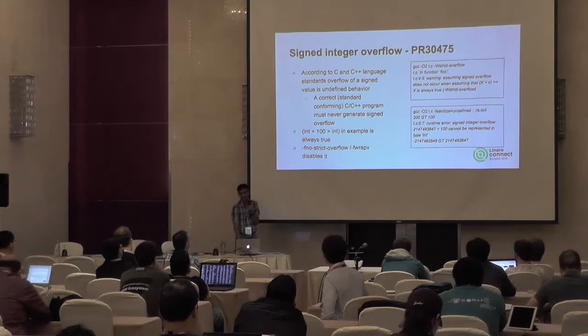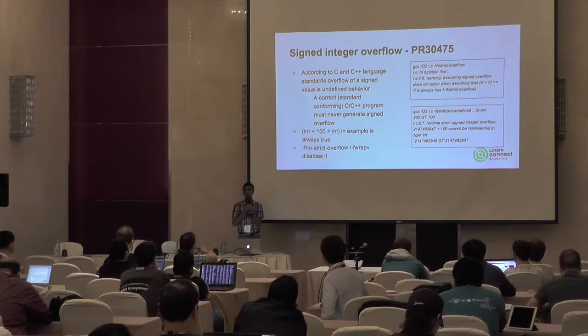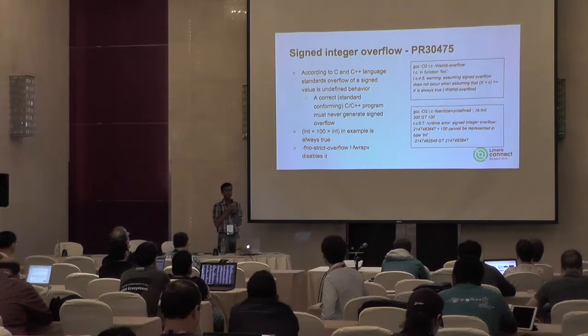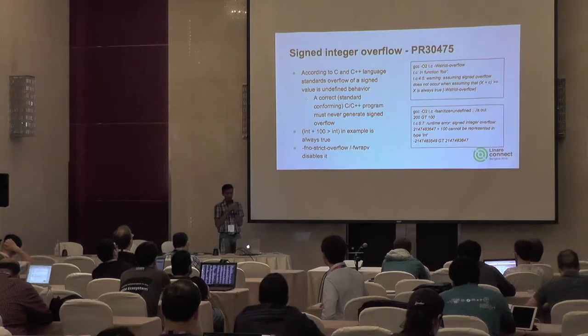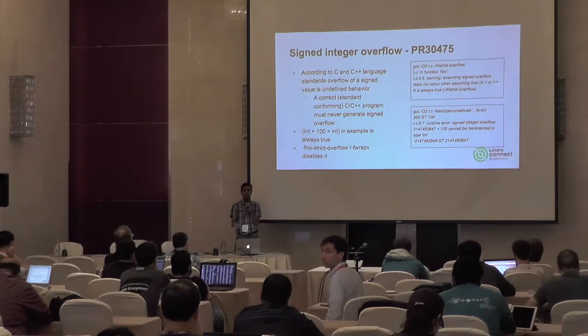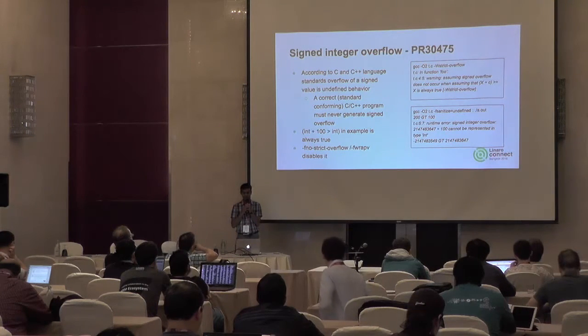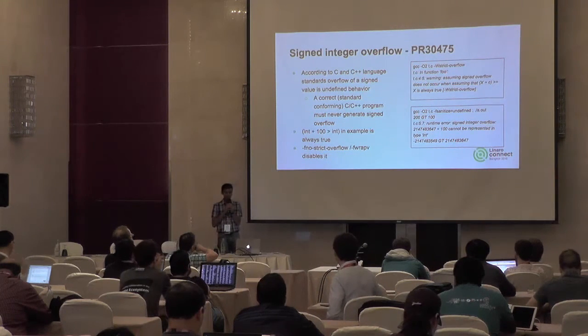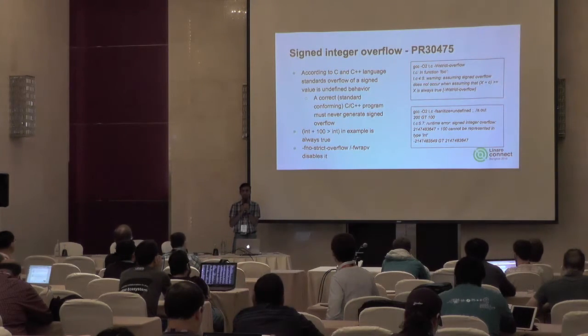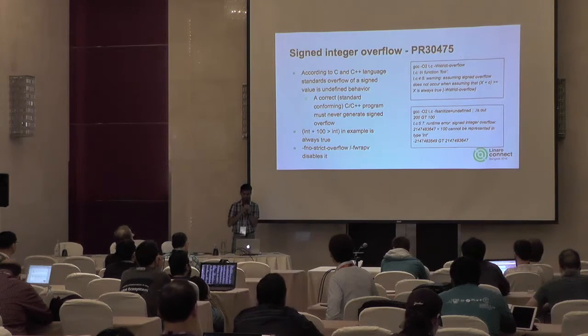The best way to detect this kind of error is by using the -Wstrict-overflow flag. If you compile the test case we just looked at with -Wstrict-overflow, the compiler will give you a warning that it is optimizing based on the assumption. Also, if you use -fsanitize=undefined and run it, you will get a runtime error saying that there is an overflow.